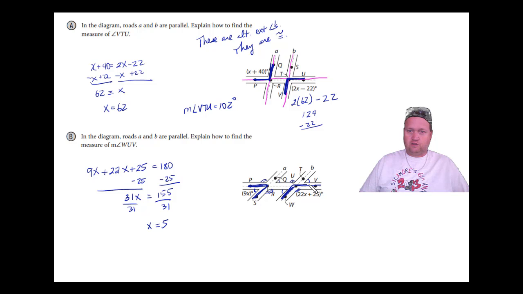That's this 22x plus 25, which is now 22 times 5 is 110 plus 25. That is 135 degrees. So the measure of angle WUV is 135 degrees.